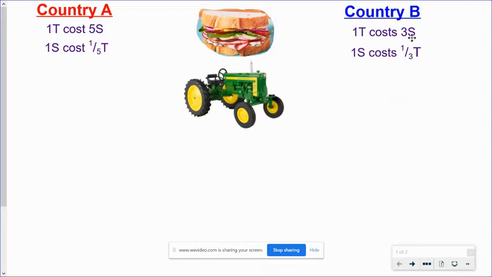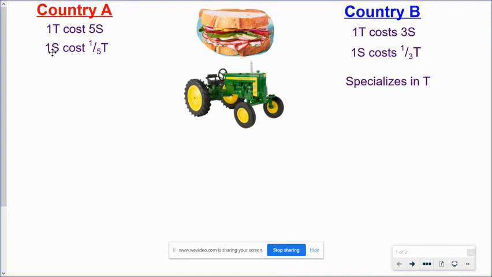Country B is going to cost them 3 sandwiches to produce one tractor, which tells me that country B has a lower opportunity cost. They only must forego 3 sandwiches as opposed to 5. So we would argue that country B should specialize in tractors, ladies and gentlemen, as it only costs them 3 sandwiches as opposed to 5 sandwiches.